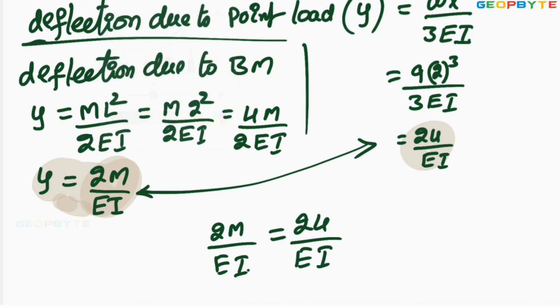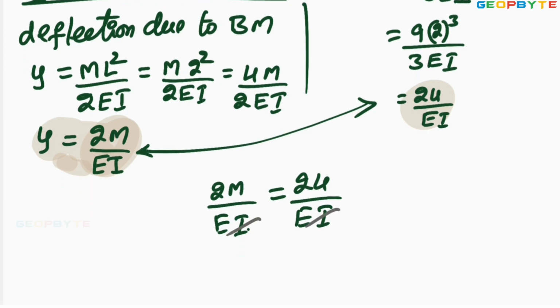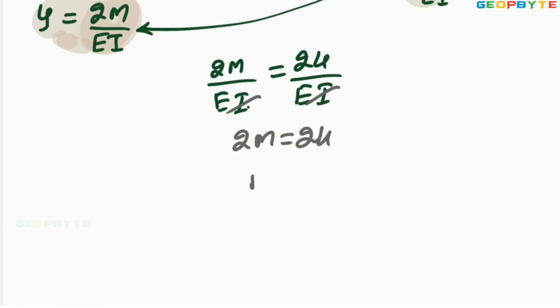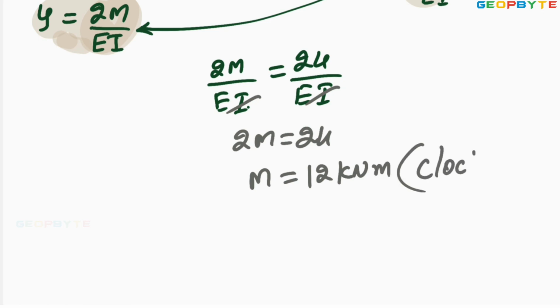This EI is cancelled. Finally 2M equal to 24, therefore bending moment M equal to 12 kilonewton meter. It should be clockwise.